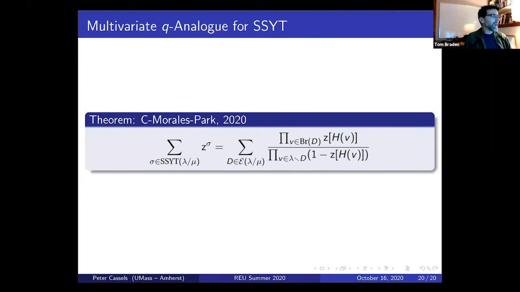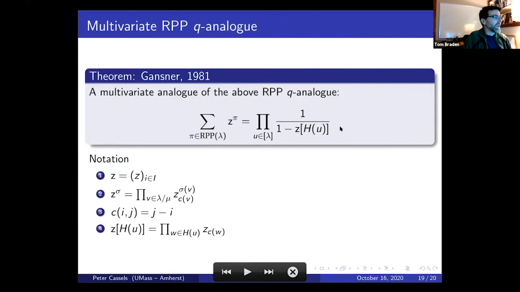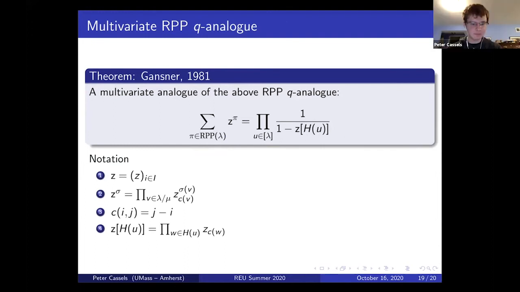Could you go back to the multivariate? I think that was on the previous slide. I didn't quite catch the definition. So you're taking Z, and the index is what, C of V? Oh, the C is the content, just indexing the diagonals.